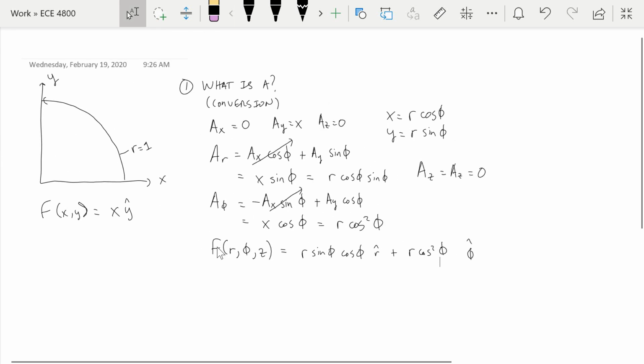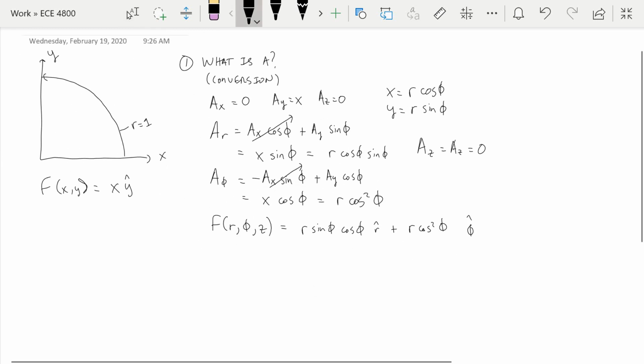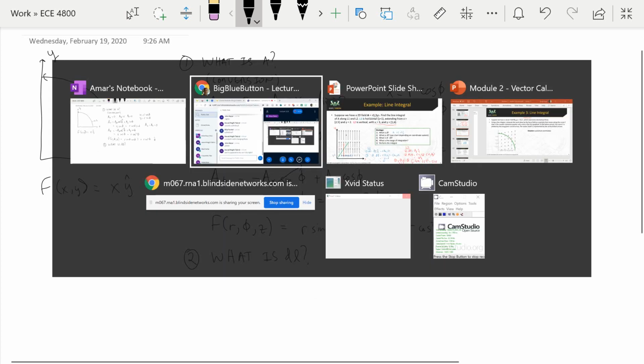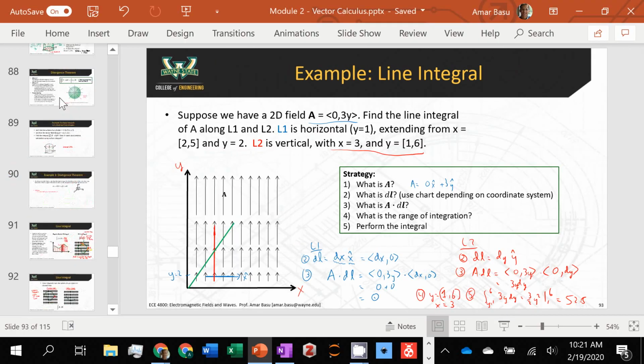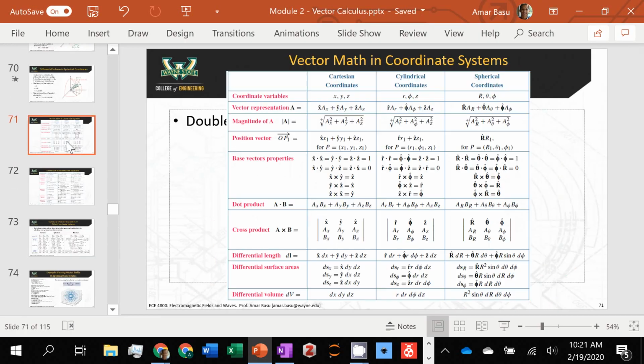Okay, good. So now the next step, what is dl? We are in a cylindrical coordinate system, and just to belabor the point, I'm going to go back to the chart and show you how you can use it. The cylindrical coordinate system says the differential length vector is r hat dr plus phi hat r d phi plus z hat times dz.